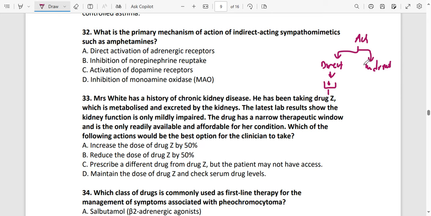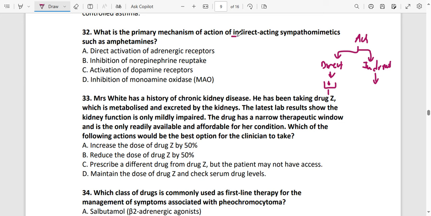The indirect acting specifically work on the enzyme that is supposed to break down acetylcholine, like for example, acetylcholinesterase inhibitors, even those that prevent the reuptake, because these are indirect. It's not that you are giving a drug that is acting on the receptor, but it's preventing the destruction of the neurotransmitter. Those are the indirect acting.